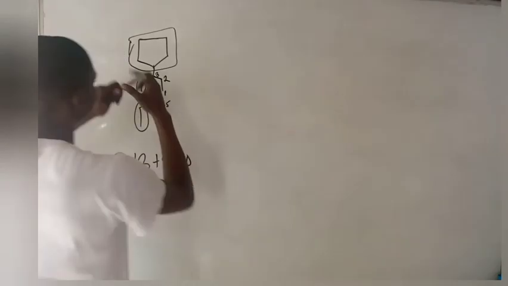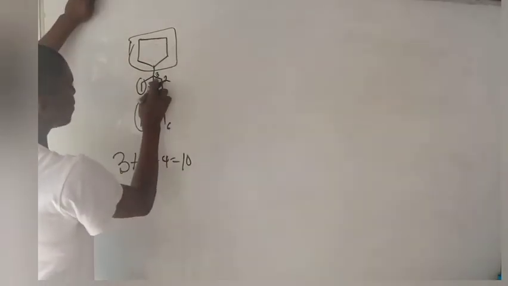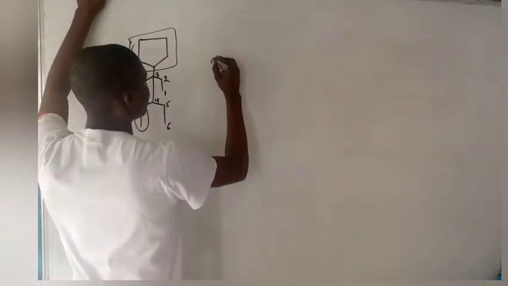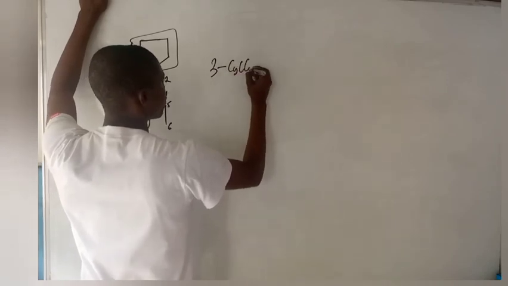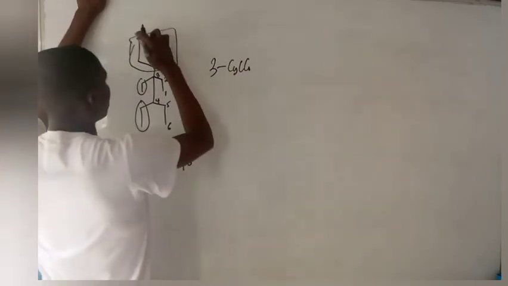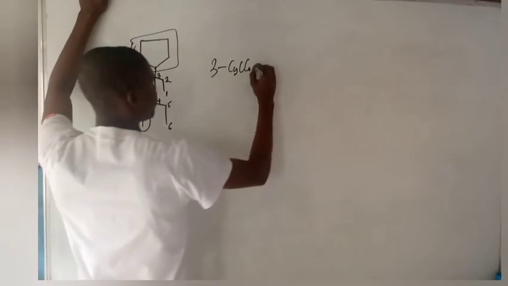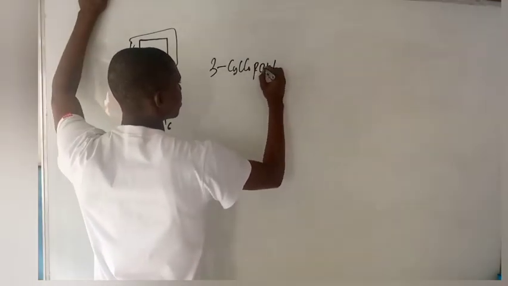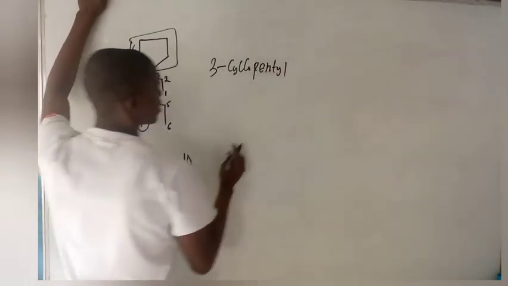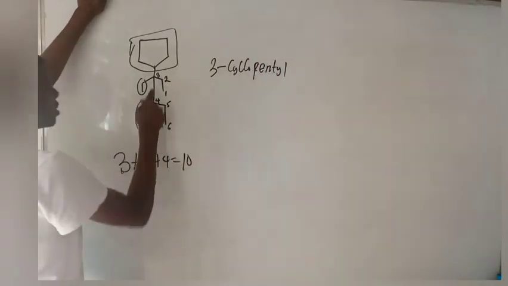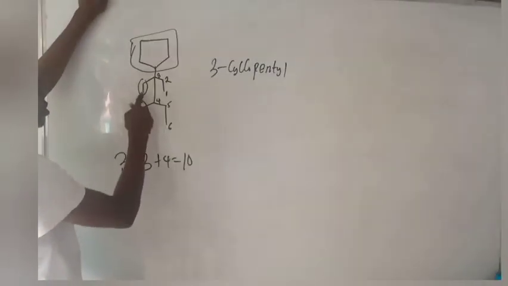So remember here we have cyclo. So I can have 3 cyclo, 1, 2, 3, 4, 5, cyclopentyl. 3 cyclopentyl, right? Then here we also have ethyl.